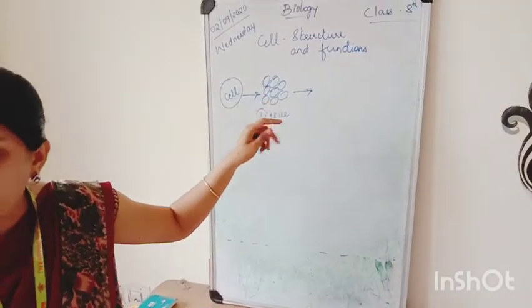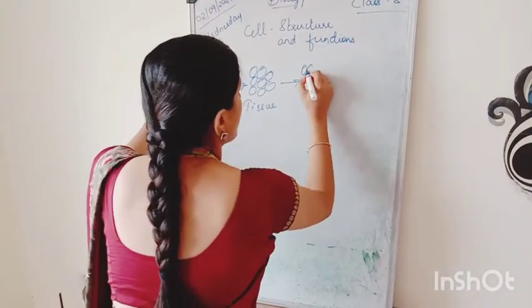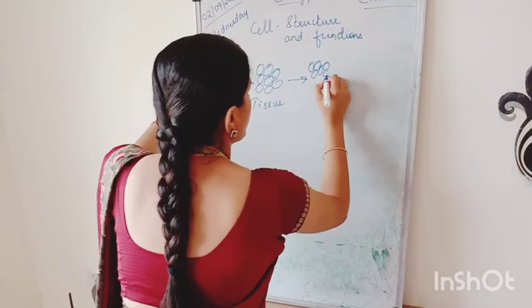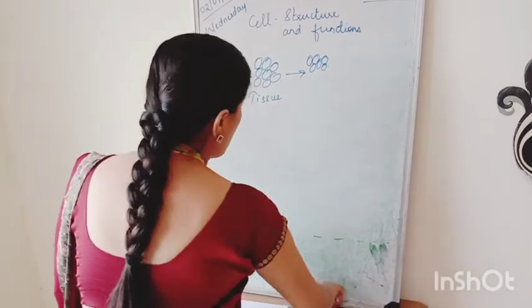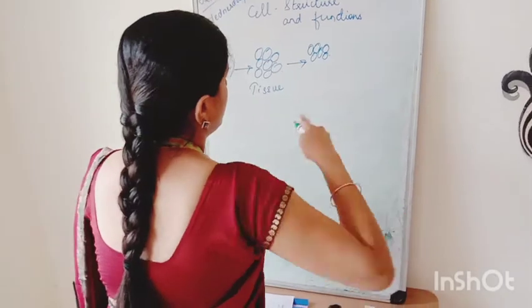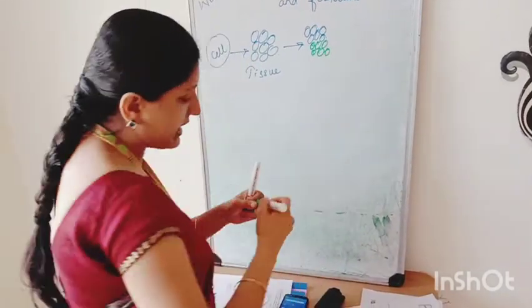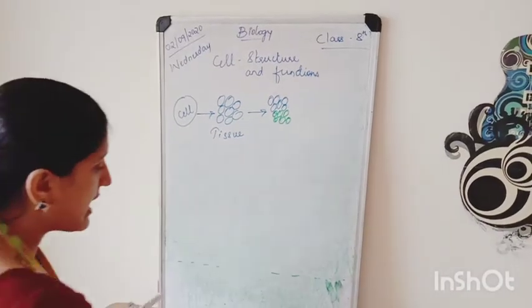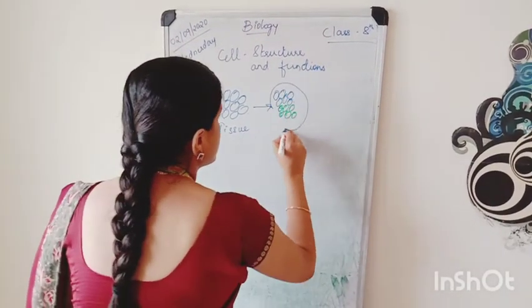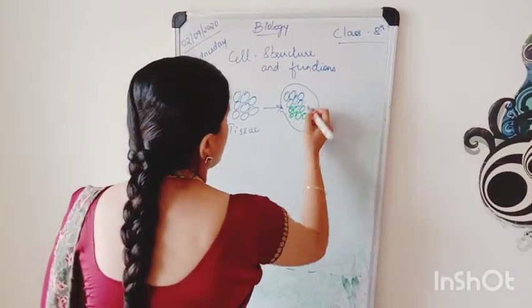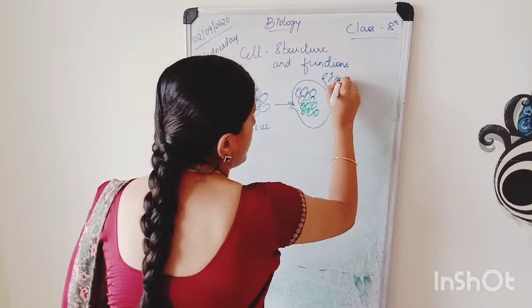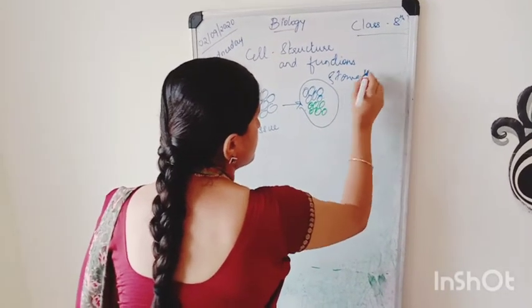Many such groups of tissues together we call an organ. Many different types of tissues will be present in an organ. Let's say this is an organ, let's say stomach or liver or any other organ.